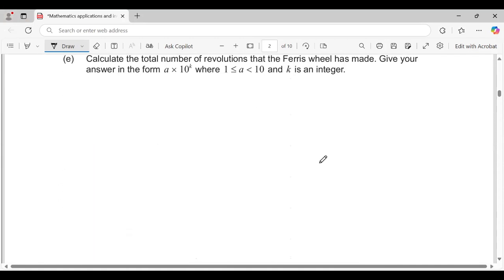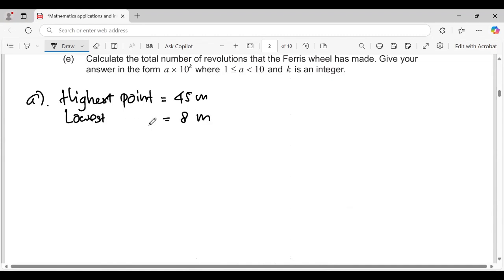Okay. The highest point is 45 meters, and the lowest point is 8 meters.